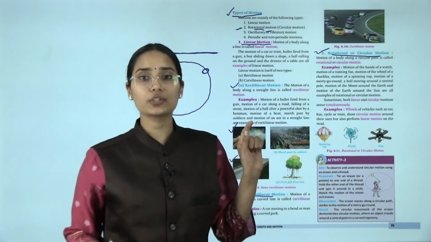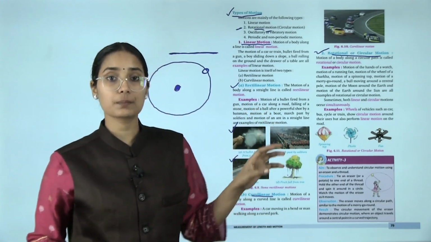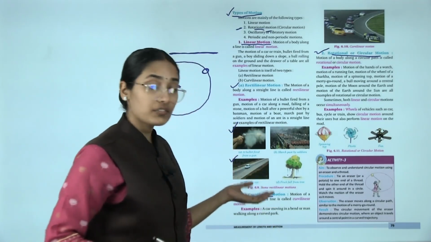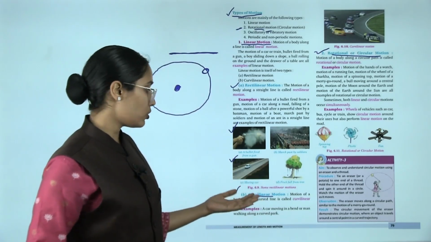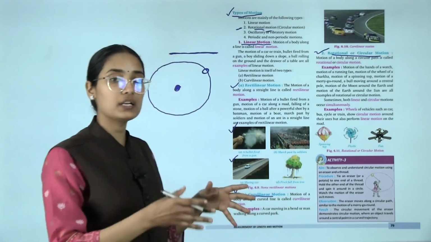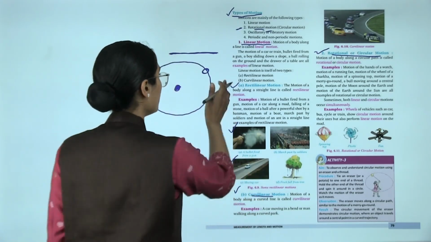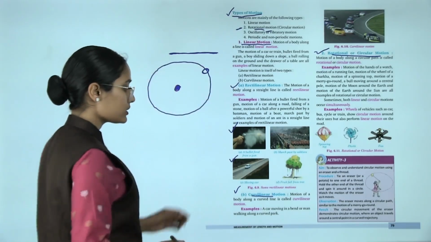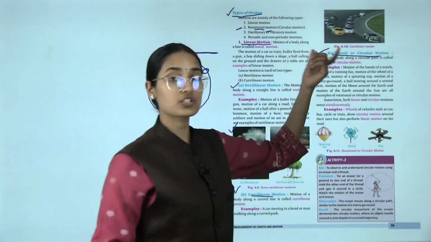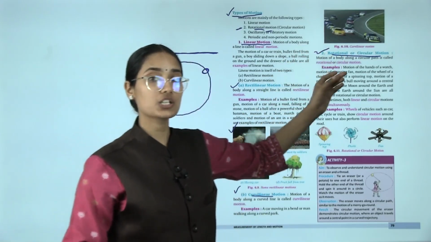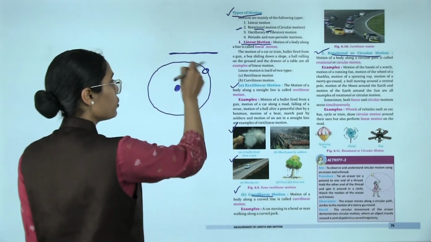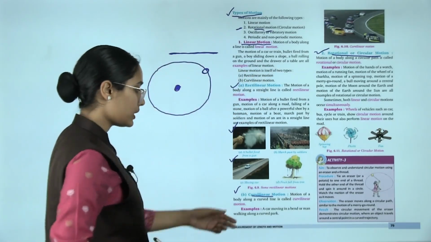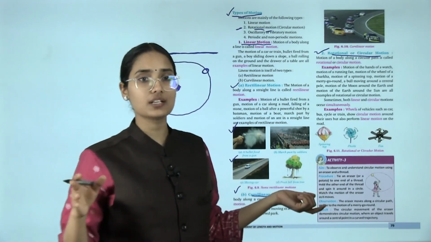So, why am I telling you this? Because we just talked about curvilinear motion, and curvilinear motion also talks about movement of the object in a curved path. So, this is also a curved path. But what is the difference between curvilinear and rotational motion? Rotational motion moves in a circular path and has a center point, whereas in curvilinear motion there is no center point.